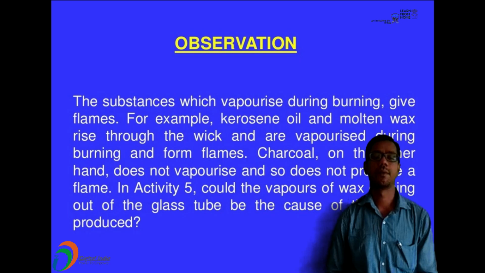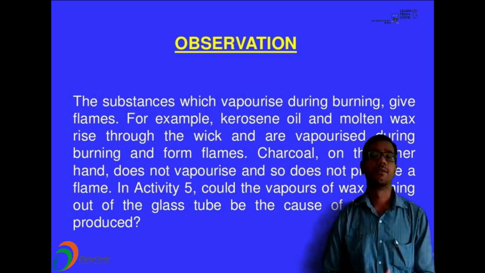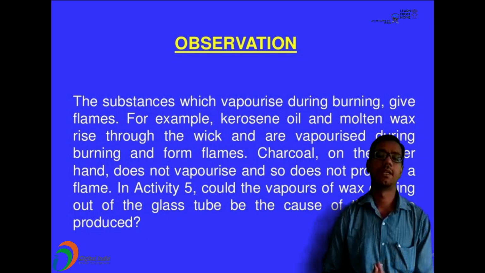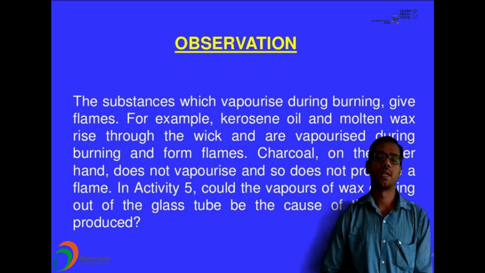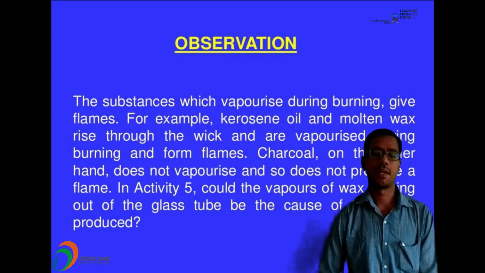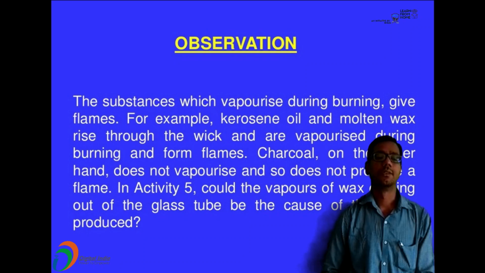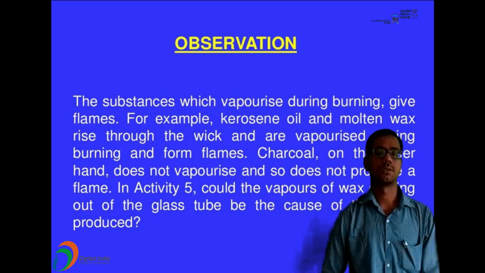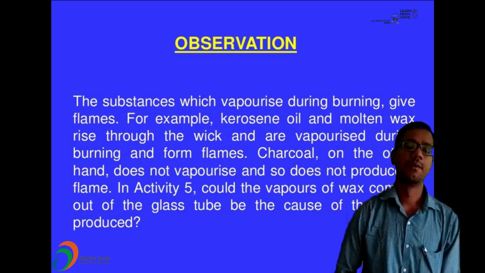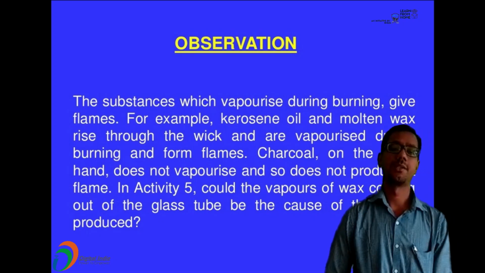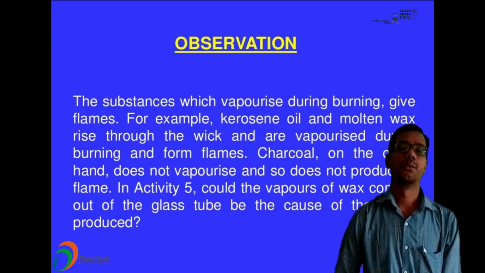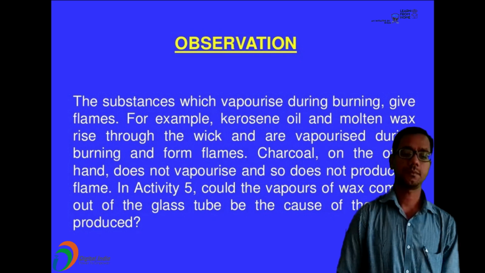It will not vaporize and not form a flame because there is no vaporization of volatile oil present in the charcoal. So that's why charcoal is burned without a flame, and a candle is burned with a flame. This is the difference between substances which burn with a flame and substances which burn without a flame.